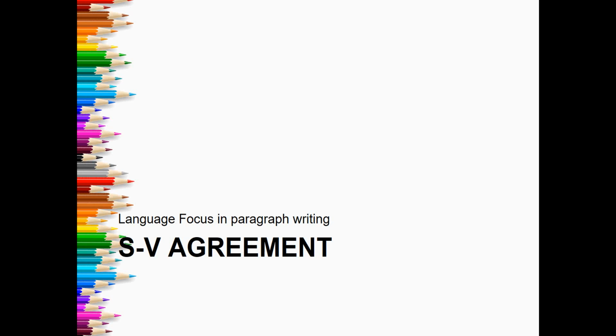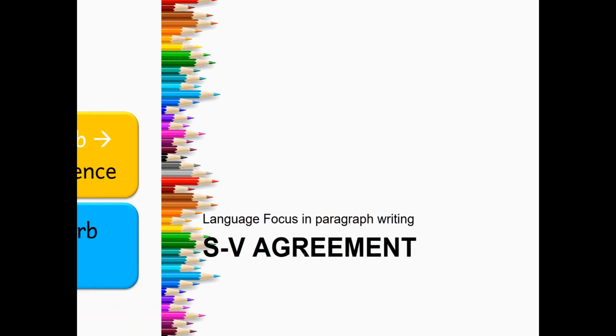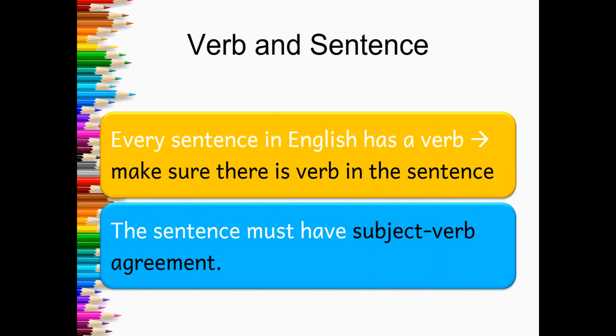So we are going to focus on subject verb agreement first. Actually, this is a basic thing. Between verb and sentence, it is a very important thing that must be there in the sentence.